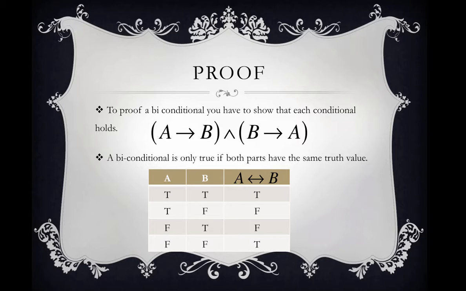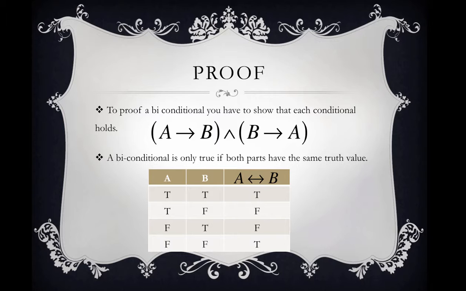As we know, if the if part is false, then the conditional runs true. However, the other conditional is going to be true implies false, which is the one and only way that a conditional is false. This means that in the AND part, we're going to have one part true and one part false, which means the AND will run false.